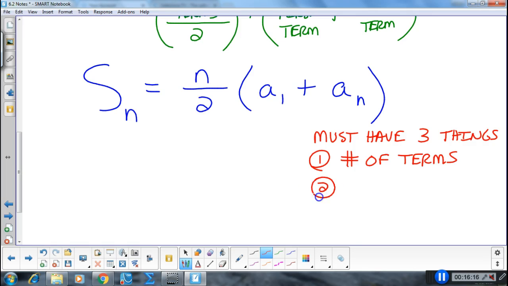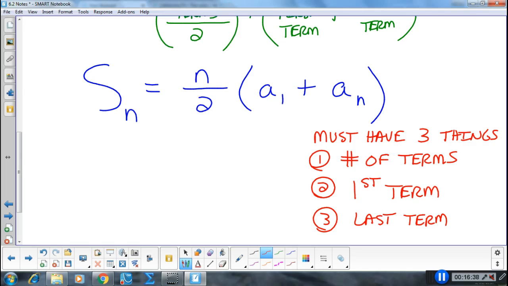Starting number in the sequence. Your first term. What else do you got to have? The last term. Got to have the last term. Now, for sure, you will be given at least two of those. Okay? Because I can't give you just the first term and say find the sum. You know what I mean? So you're going to be given at least two of those.